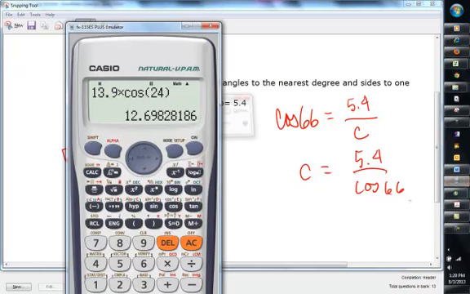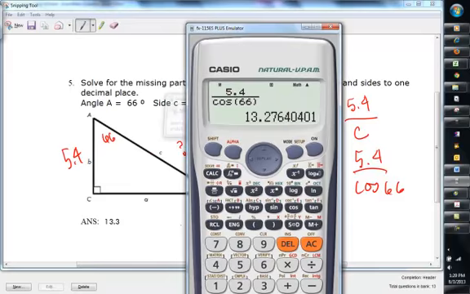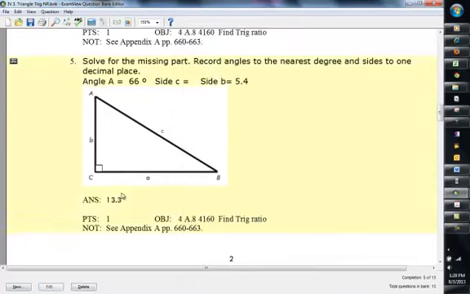Let's see, 5.4 over cosine 66 is 13.27, 13.3.